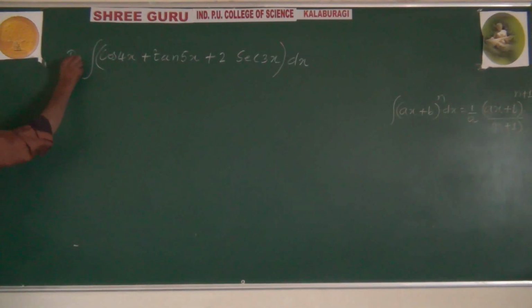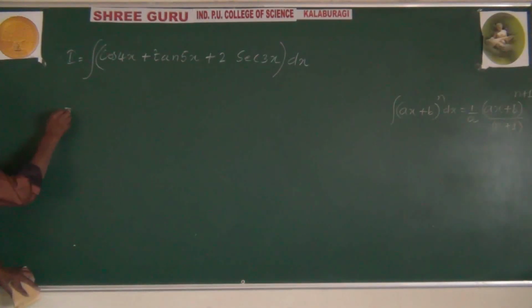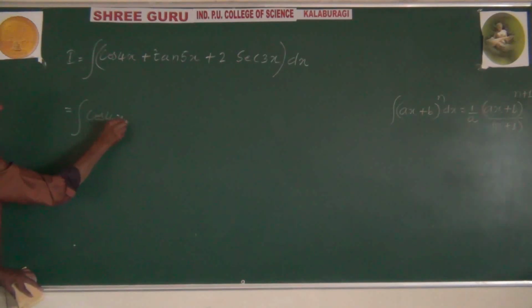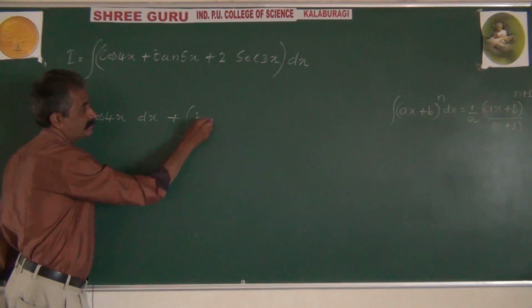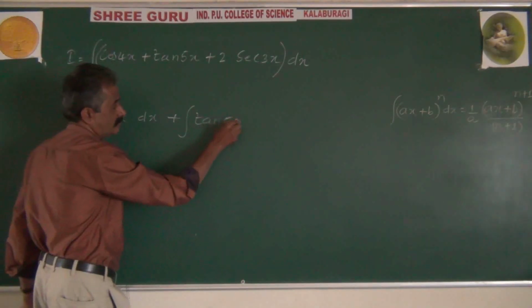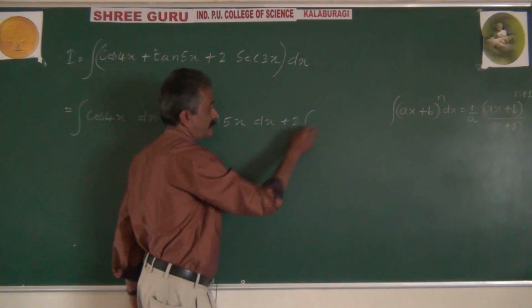First step, take I. Next step, split the terms. How many terms? 3 terms. First one, integration of cos 4x. Second one, integration of tan 5x plus 2 into integration of secant 3x.